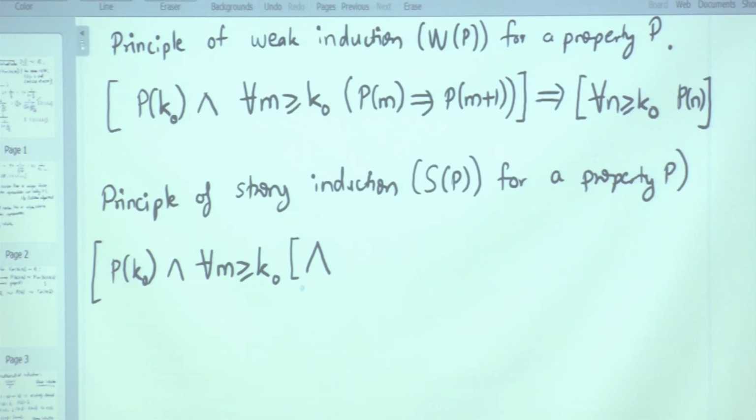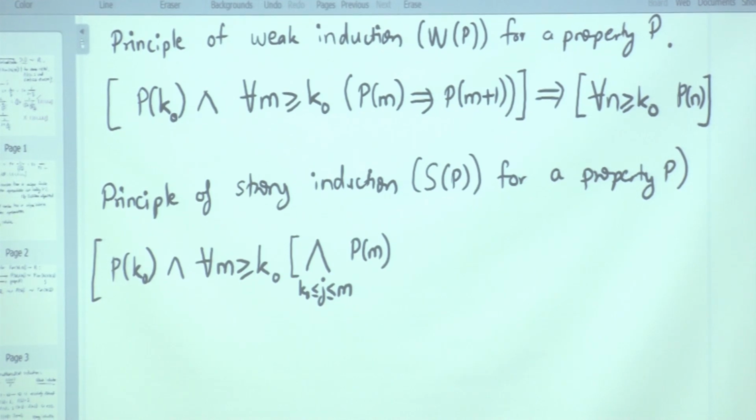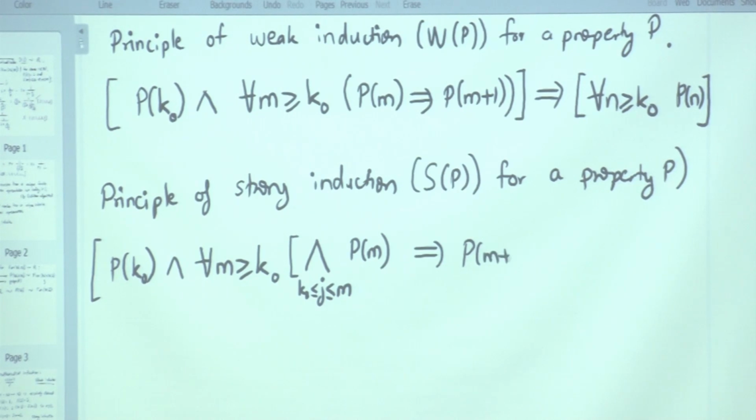So I will say K0 less than or equal to J less than or equal to M and P of J. So I am assuming that the property P holds for K0, K0 plus 1, up to P of M. Whenever this happens, then P of M plus 1 is true. That should be P of J, sorry.